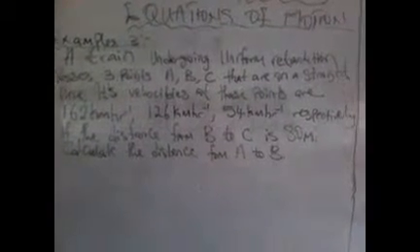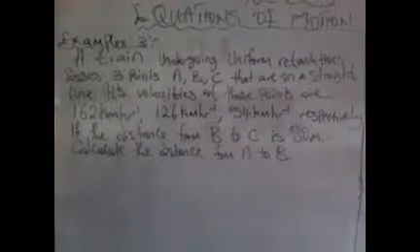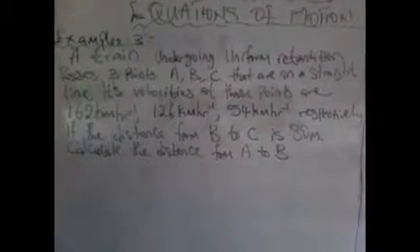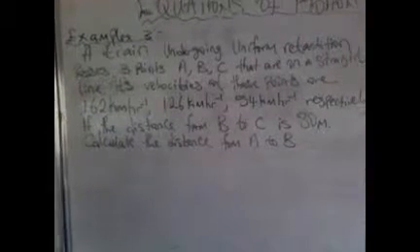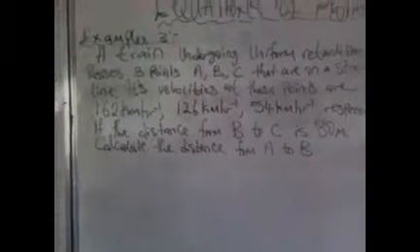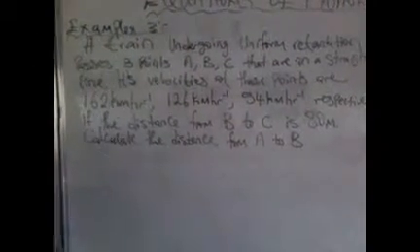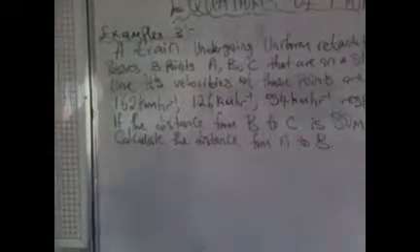So at the point of passing these points, the velocity of the train was found to be 162 km per hour at A, 126 km per hour at B, and 54 km per hour at C. If the distance from B to C is 80 meters, calculate the distance from A to B.